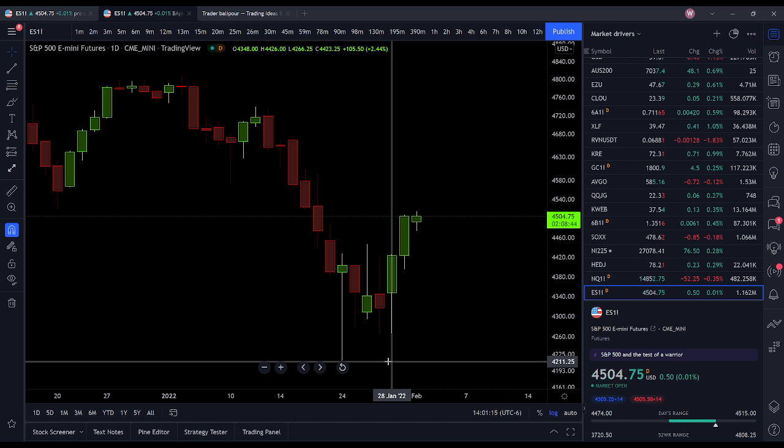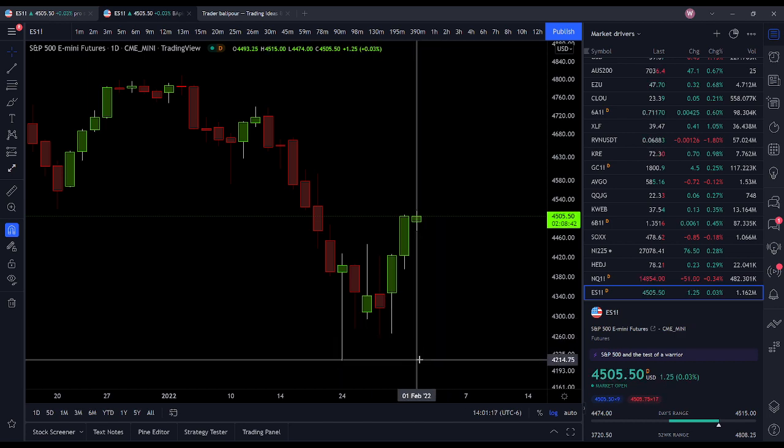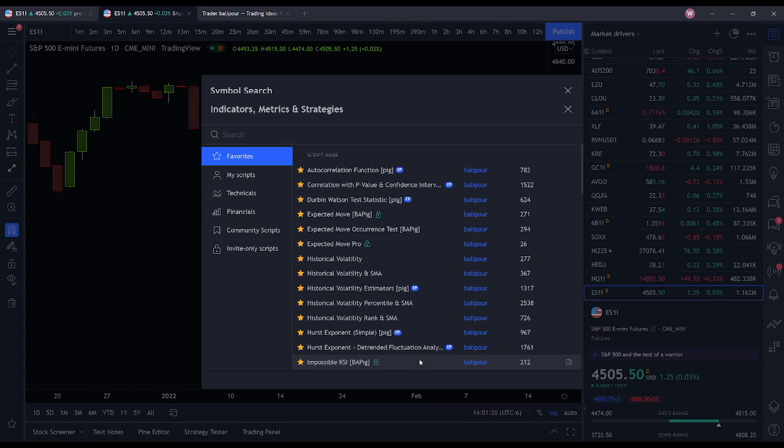Volatility would definitely be a centerpiece, a spoke, or a pillar on the foundation of being able to realize where markets have a propensity to move. So volatility is definitely one that you want to have up on your TradingView chart.